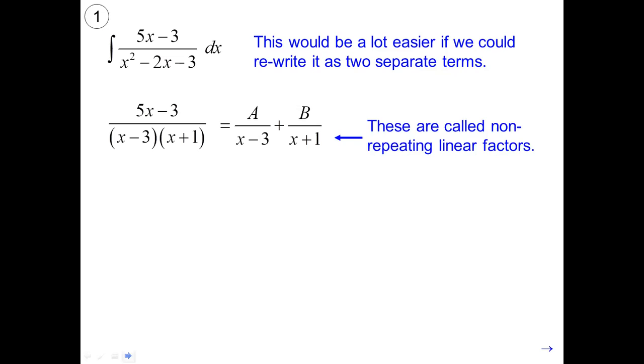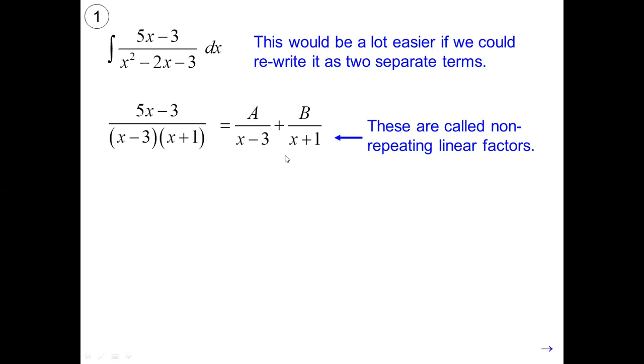you are to multiply your original given expression by the factored form of your denominator. That way you will see what you need to multiply with A and what you need to multiply with B. But before we do that, this first example is actually a case of what we call non-repeating linear factors, or shall we say, unique linear factors.